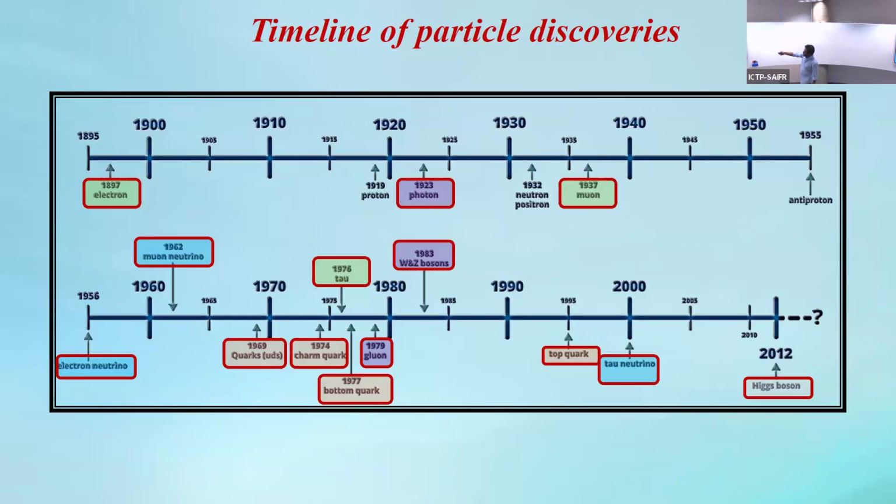And the purple ones are the force carriers. As you see, there are huge gaps between these timelines. And in 2012, the last one, the Higgs boson, was discovered among the 17 fundamental particles. You see, it's a bit scattered. In each 10 years there could be one discovery and so on. We need to look for it, we need to be patient.